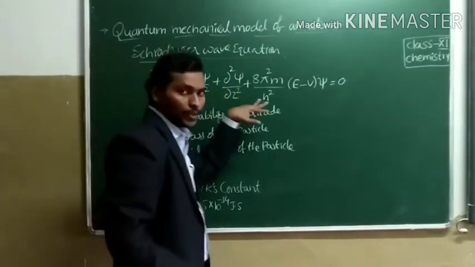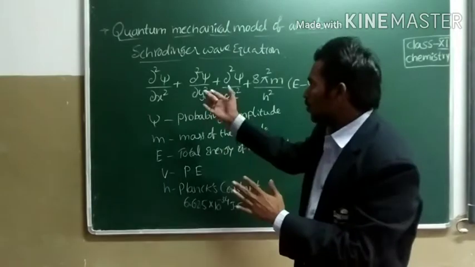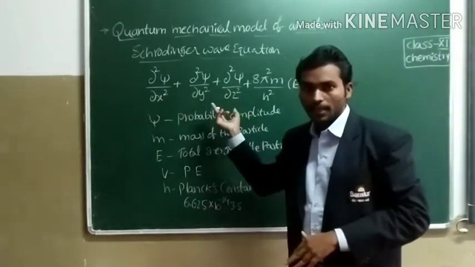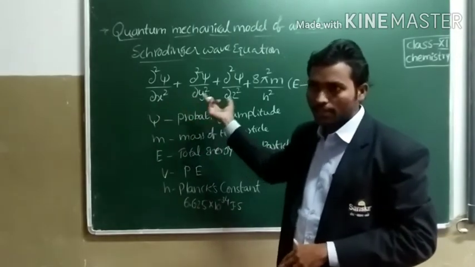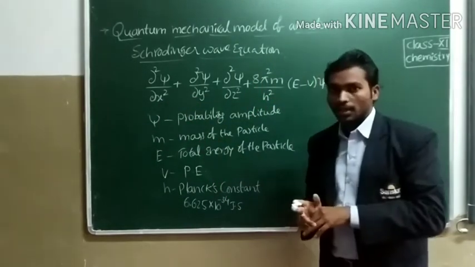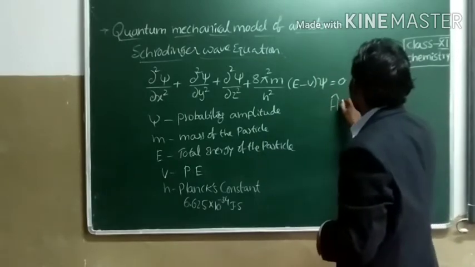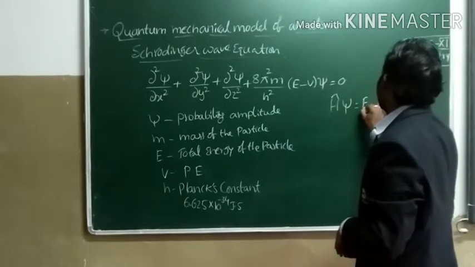This equation represents the wave motion of an electron along three axes, the x-axis, y-axis and z-axis, in space. Simply it can be written as Ĥψ = Eψ.